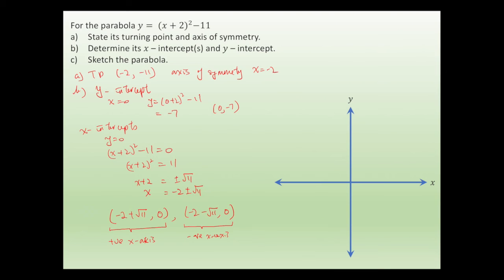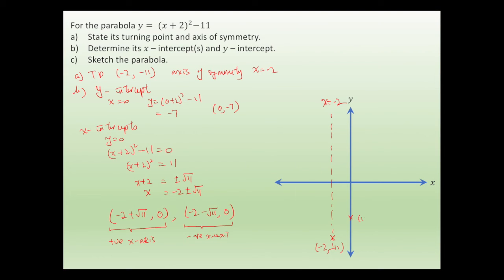Let's start off with the axis of symmetry, x equals minus 2. And you know that the turning point is (-2, -11). And then the y-intercept is (0, -7).